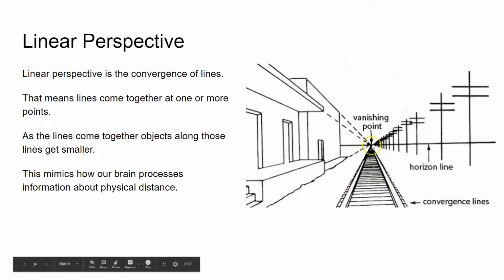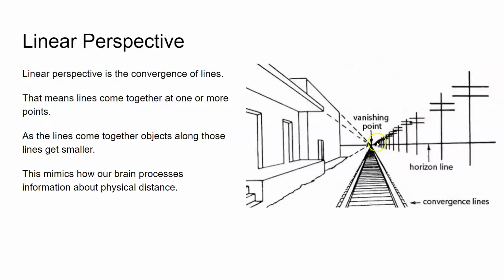They go close together as they go into the distance. And that is how our brain processes information about physical distance. Lines converge. Objects, even though the telephone poles are all the same size, they get smaller as they go down. And buildings, same thing. They'll look smaller as they go away from you.